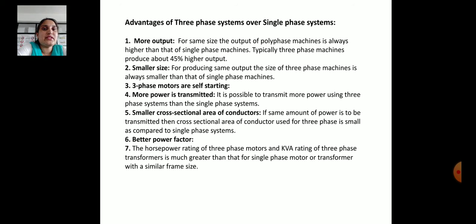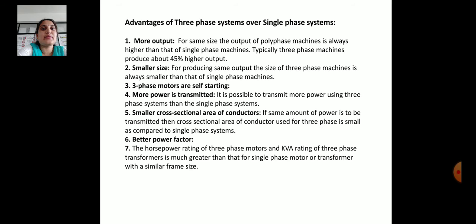The fourth advantage is that more power gets transmitted. In a transmission system it is possible to transmit more power using the three phase system than a single phase system, using conductors of the same cross sectional area. Fifth, smaller cross sectional area of conductor: if the same amount of power is to be transmitted, the cross sectional area of conductor used for three phase is small as compared to the single phase system.